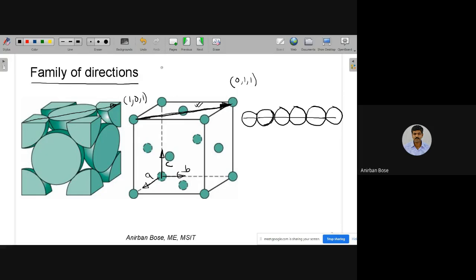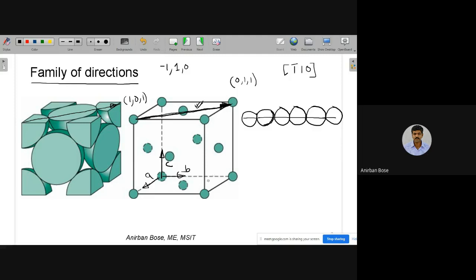You will get -1, then 1, and then 0. Right? So its Miller indices is bar 1, 1, 0. So this particular direction is bar 1, 1, 0 that I have just shown you.